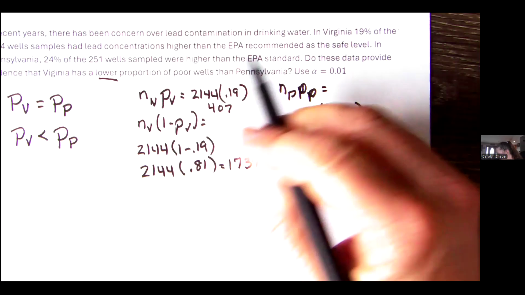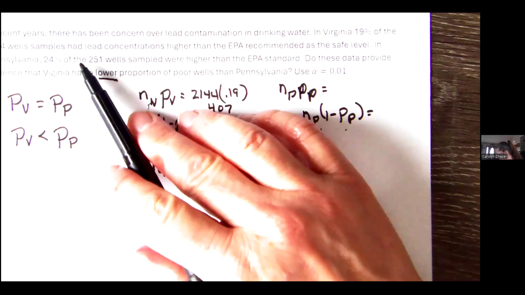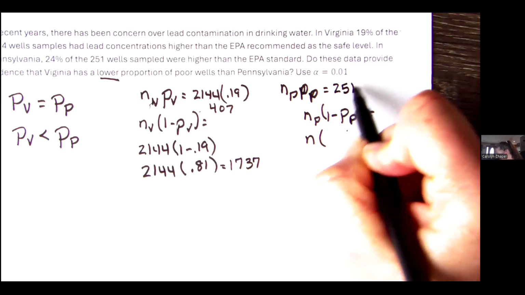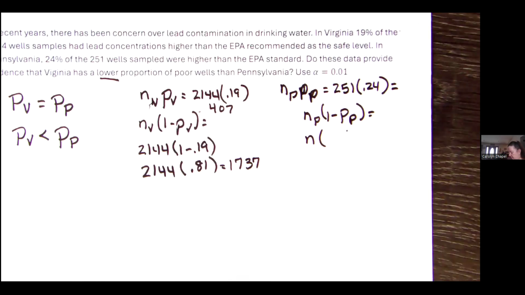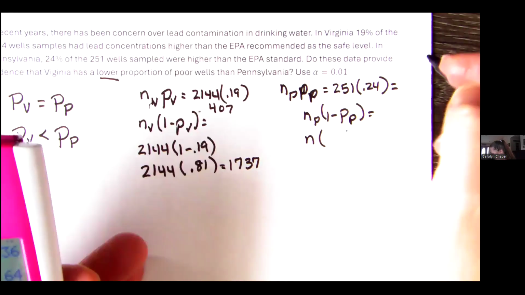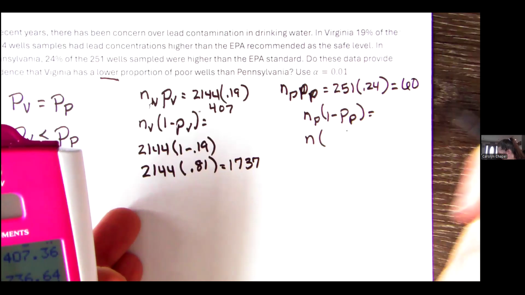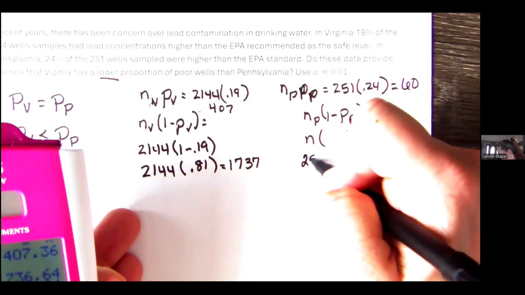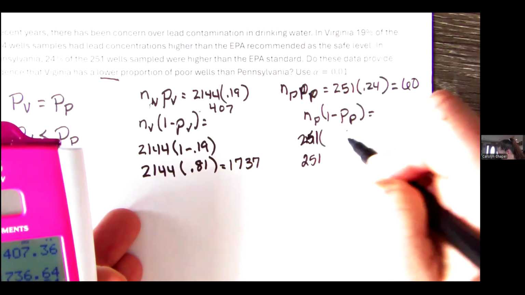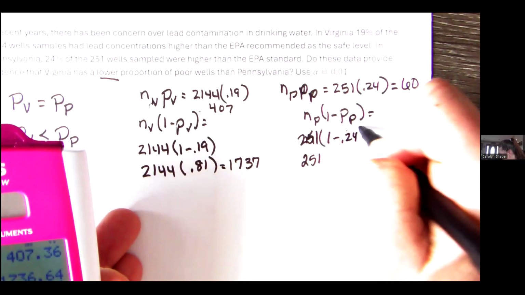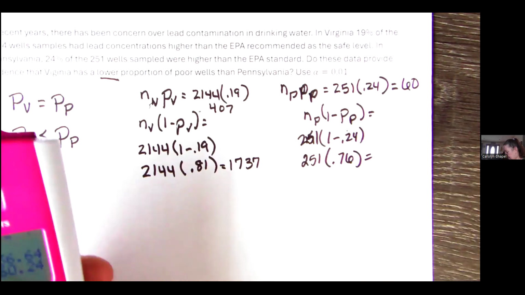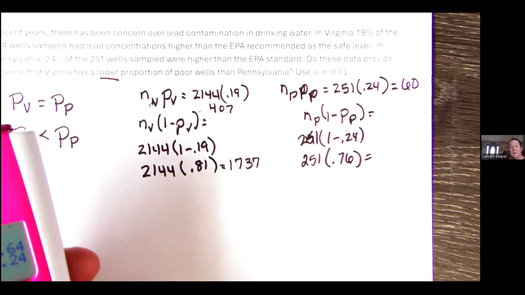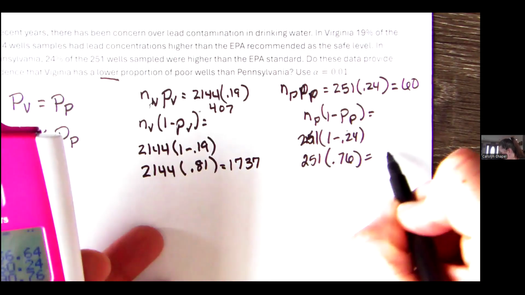Here we had in Pennsylvania, we had 251 wells, and 24% of them were poor. 251 times 24%. So that is going to be 60. So here we're going to have that 251, 1 minus 0.24, which is going to be 0.76. And I get 191.